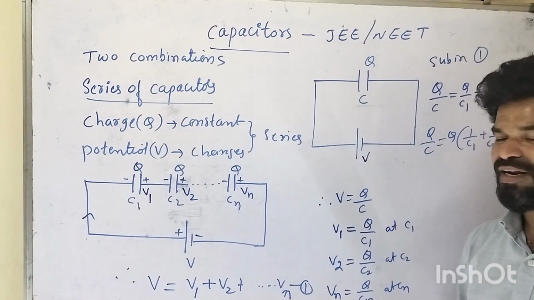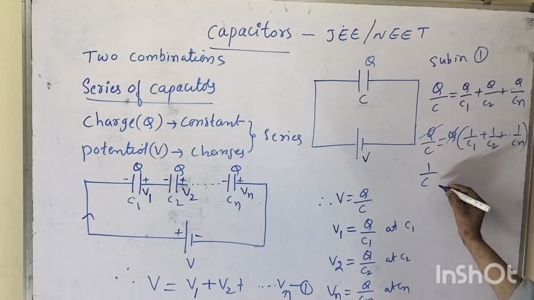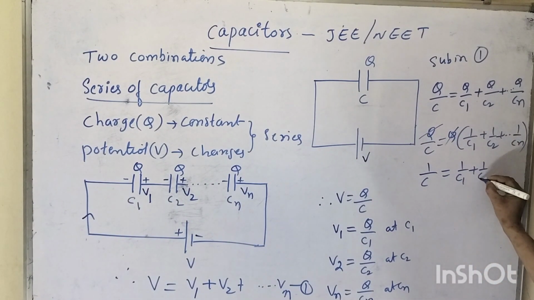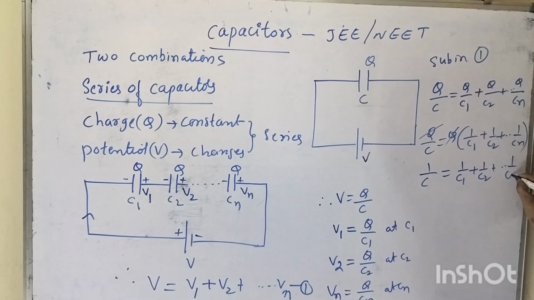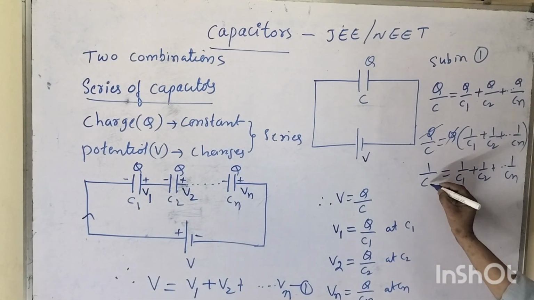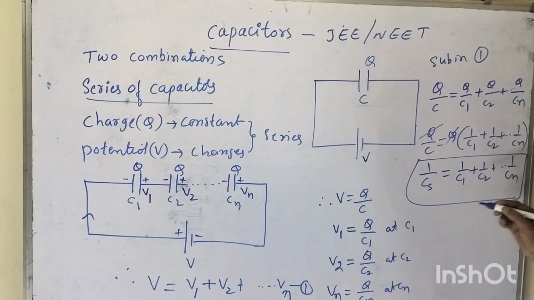Now Q and Q cancel, so finally 1 by C equals 1 by C1 plus 1 by C2 and so on plus 1 by Cn. This is the series combination. Therefore I am taking this as CS, which means the series combination of capacitors.